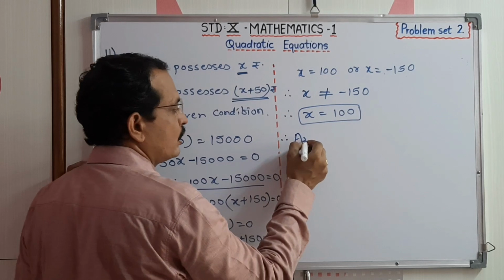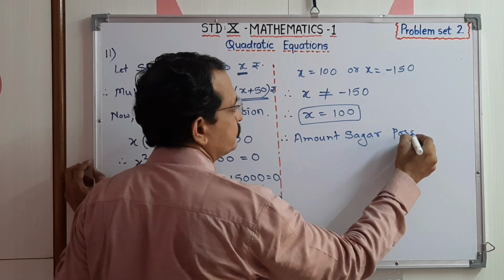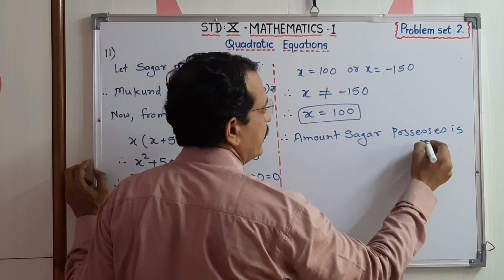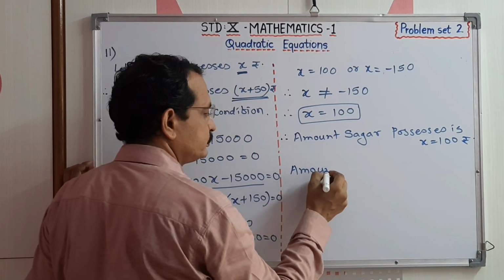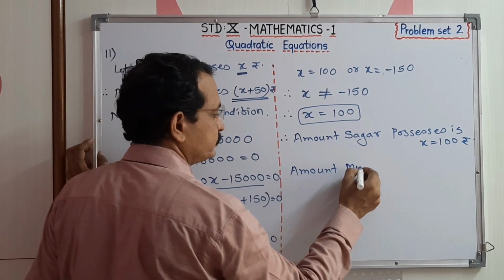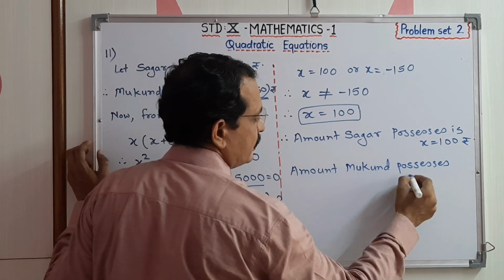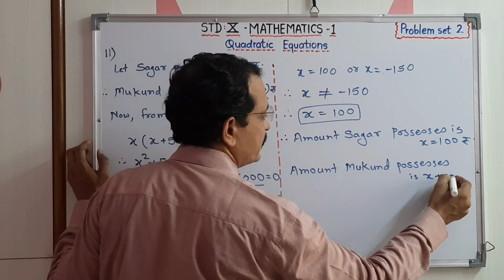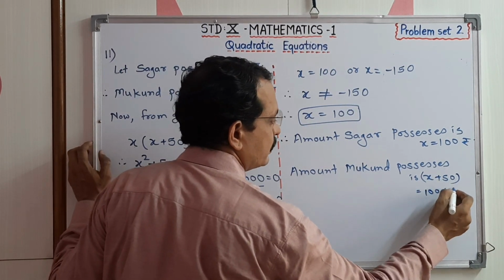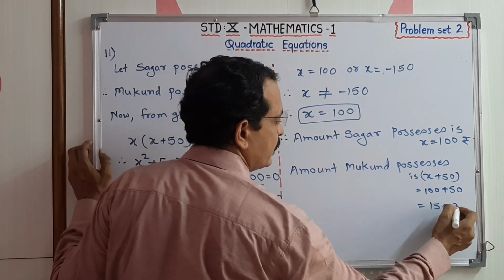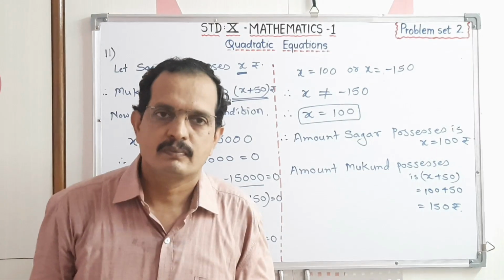Therefore, we can write the amount Sagar purchases is x is equal to 100 rupees, and the amount Mukund has is x plus 50, that is 100 plus 50 is equal to 150 rupees. This is our final answer.